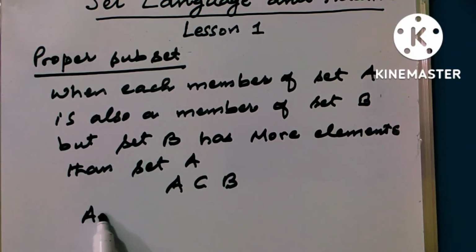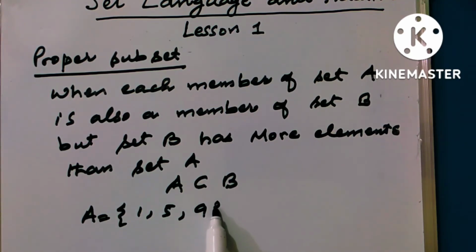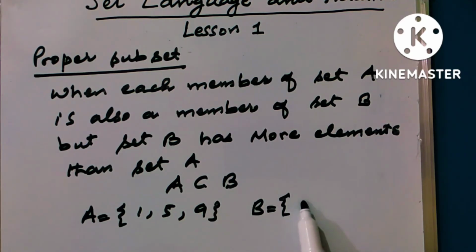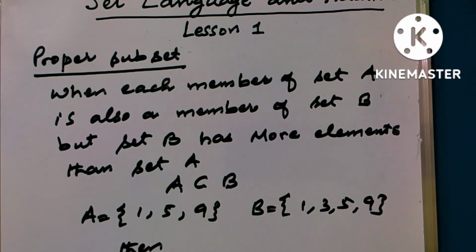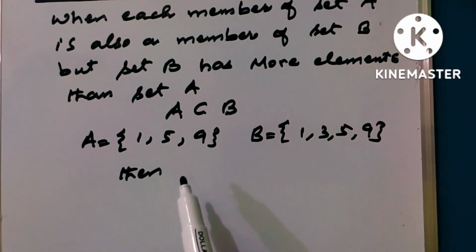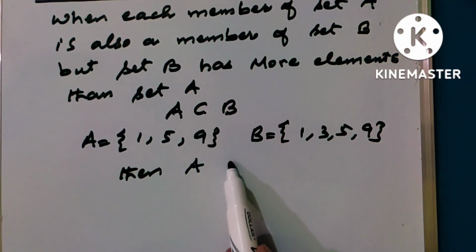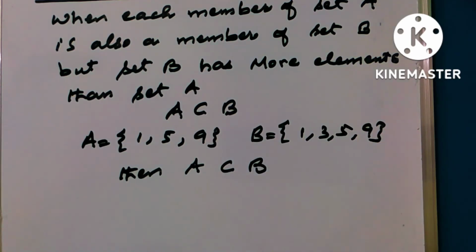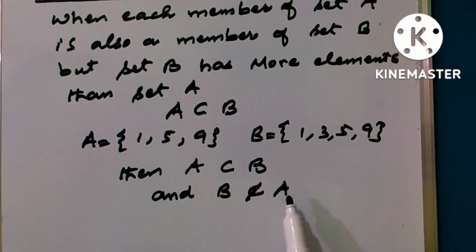If A is having elements 1, 5, 9 and B is having elements 1, 3, 5, 9, then A is a proper subset of B and B is not a proper subset of A.